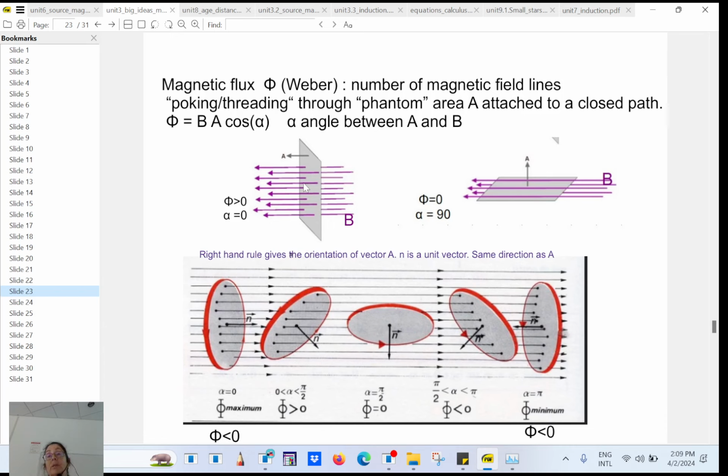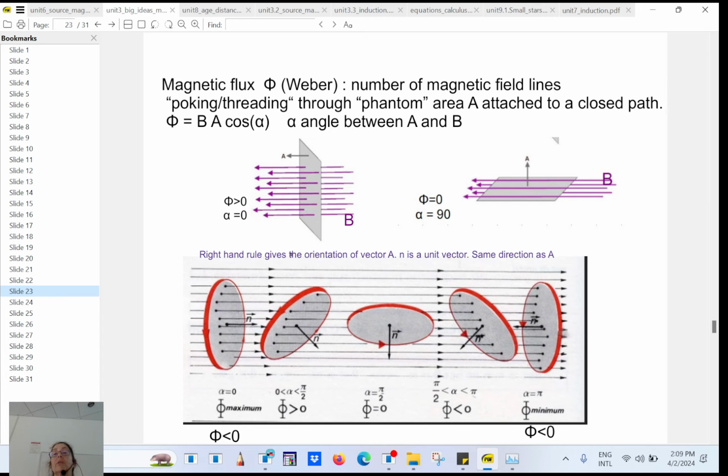So it depends on how many lines are going to poke through, how strong the magnetic field is. It depends on the area, obviously. If you take a smaller area, you're not going to catch as many lines. If you have a large area, you're going to catch more lines. And also it depends on the orientation of the area relative to B. So in that case, you see B is perpendicular to A, okay?